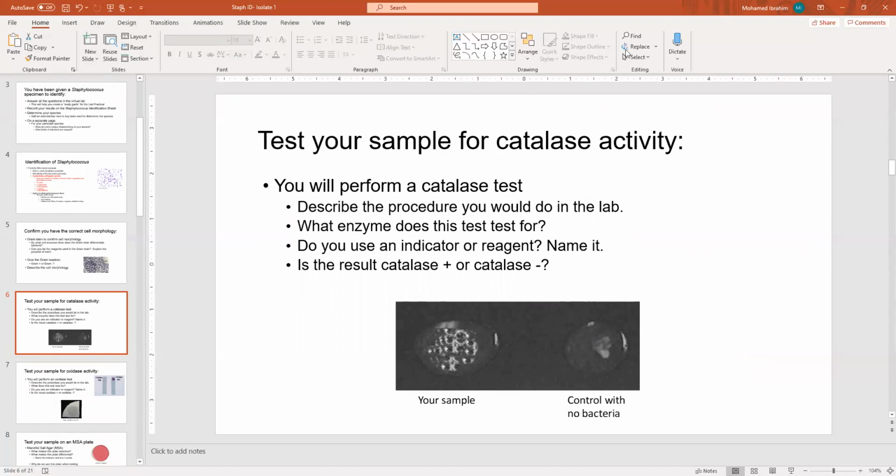The first test is going to be catalase activity. Catalase can be performed as you can see in this picture here. You take a colony, some scrape of culture from a plate, and then you flood it with hydrogen peroxide substrate.